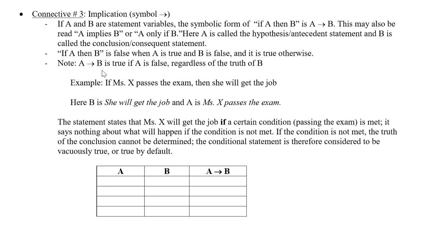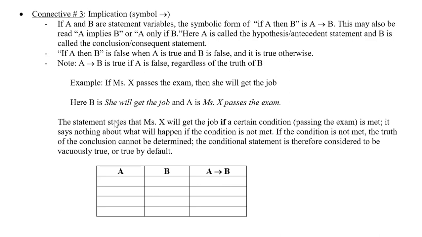Note that A implies B is true if A is false, regardless of the truth of B. Let me explain this a little bit. For example, if Miss X passes the exam, then she will get a job. Pass the exam, get a job, all right?